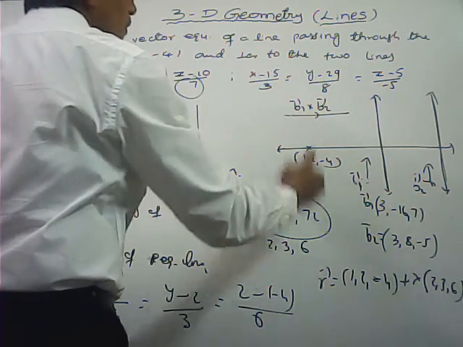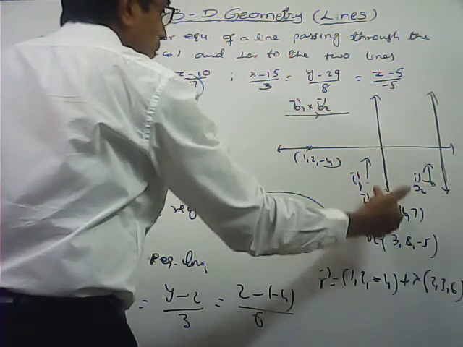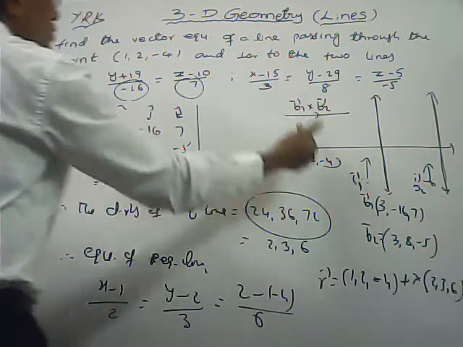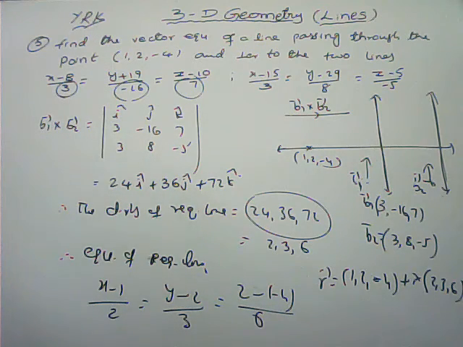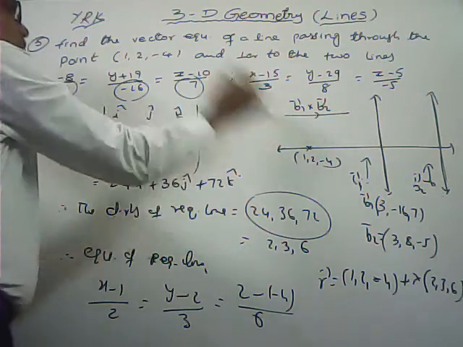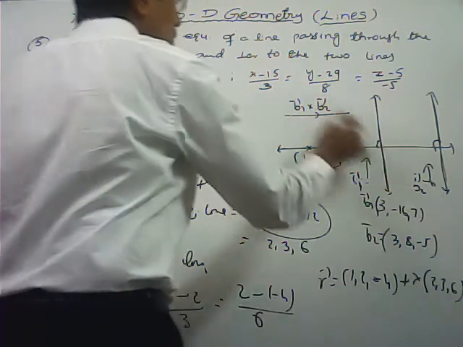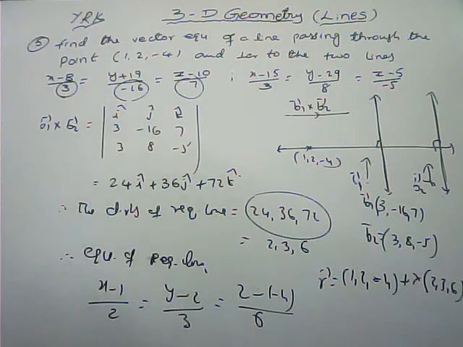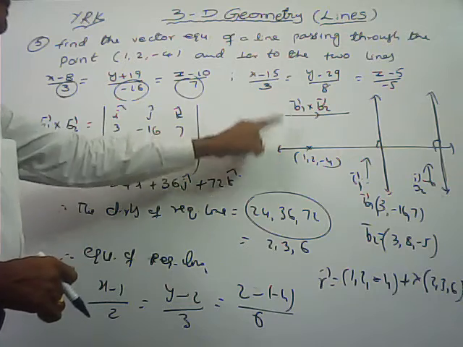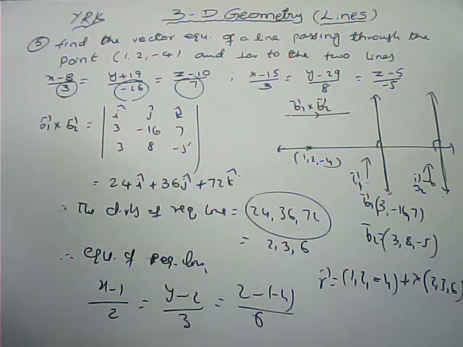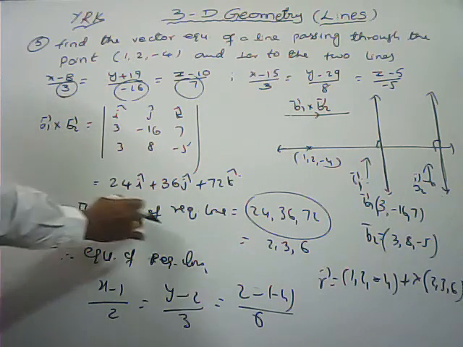So the vector perpendicular to both b1 bar and b2 bar, the plane containing b1 bar and b2 bar, is nothing but their cross product, b1 bar cross b2 bar. First you find that one. This cross product is parallel to the given line, so we can consider these as the parallel DRs of the required line.